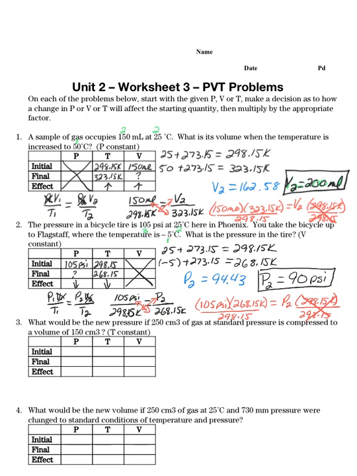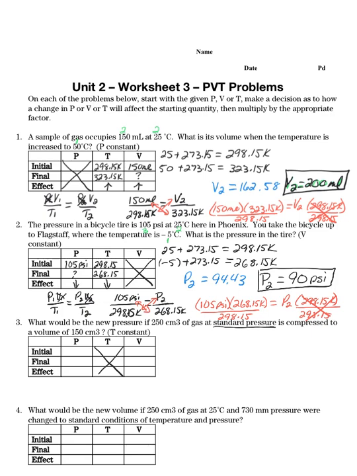On to number 3, charging along like a herd of turtles. What will be the new pressure if 250 centimeters cubed of a gas at standard pressure is compressed to a volume of 150 centimeters cubed? Temperature is constant. We don't need to factor in temperature.